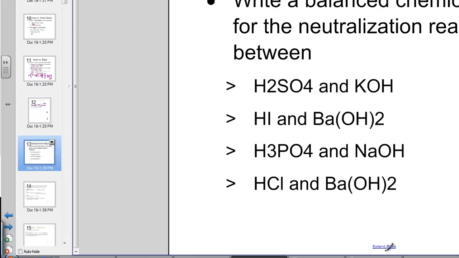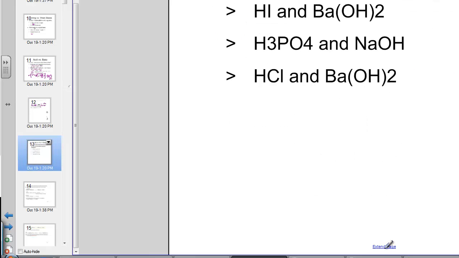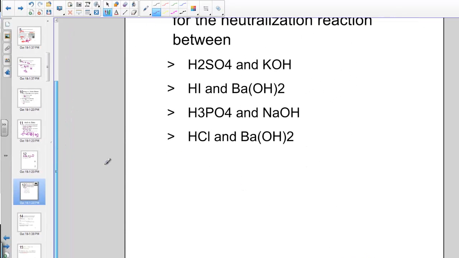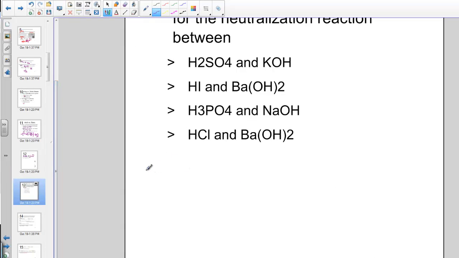Here's some practice from your homework section on Sapling. Let's write the neutralization reactions for the following examples. And I'll work down here. The first one says sulfuric acid, H2SO4, and I'm going to react that with the base called potassium hydroxide.